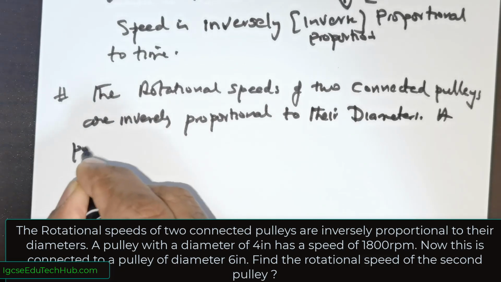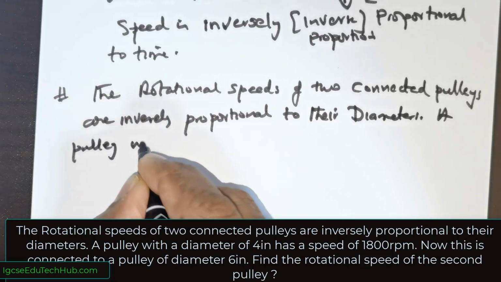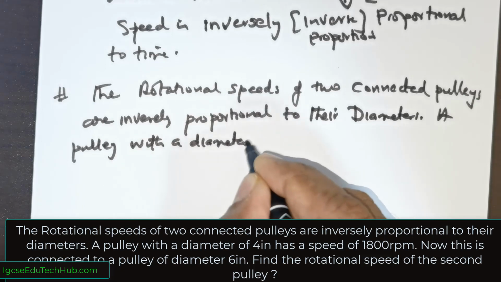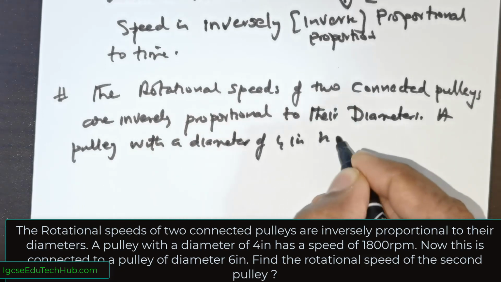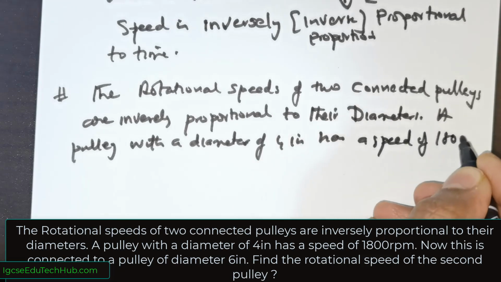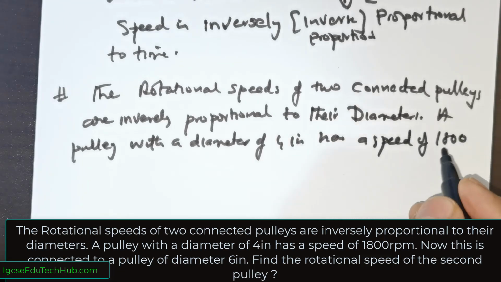A pulley with a diameter of 4 inches has a speed of 1800 rpm.